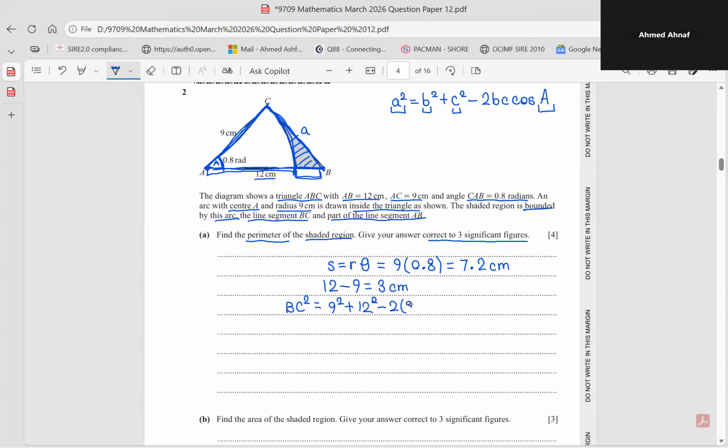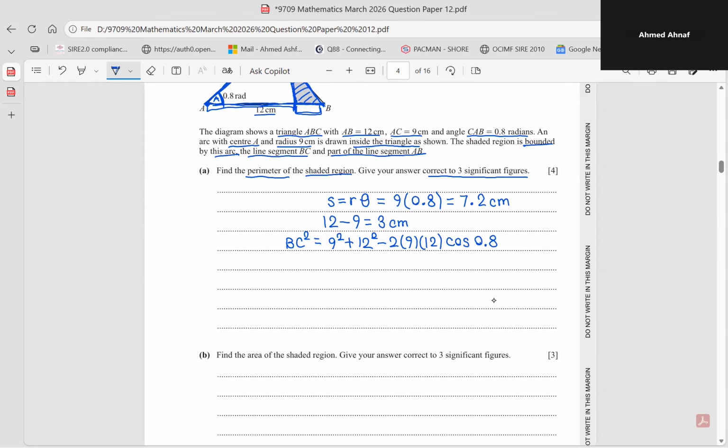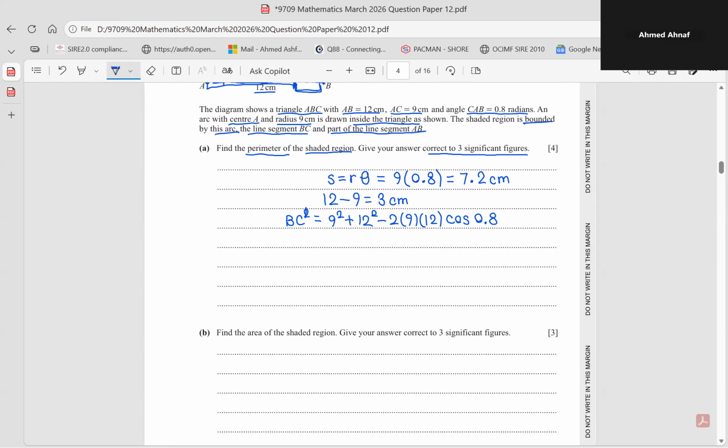So 2 times 9 times 12 cosine angle A, which is just 0.8. Or if you just want to find the answer directly, just square root this whole thing and type it into your calculator. 9 squared plus 12 squared minus 2 times 9 times 12 times cosine 0.8.